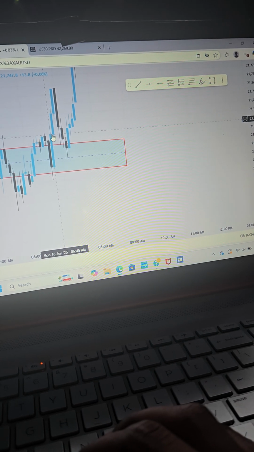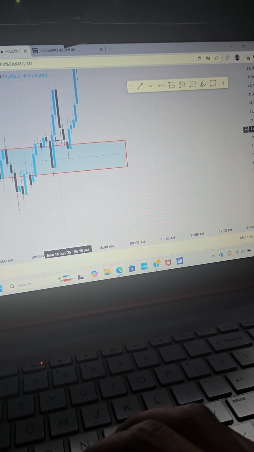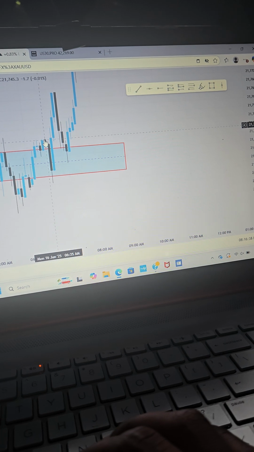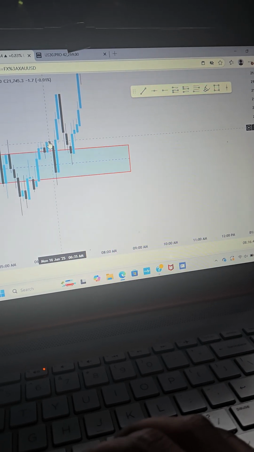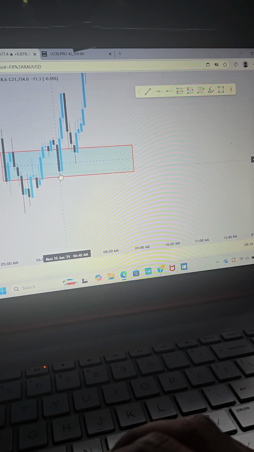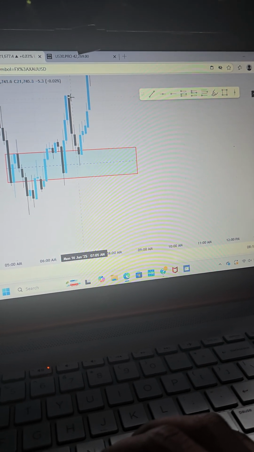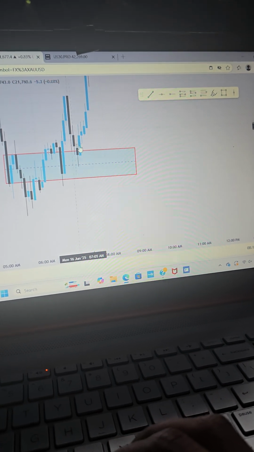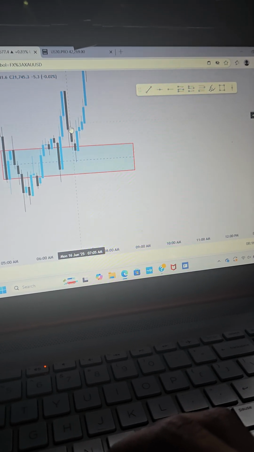Now, in this, the bullish order block is going to be the last down close candle before a strong up move. See, these two are strong up moves.